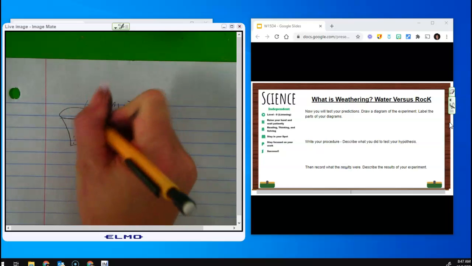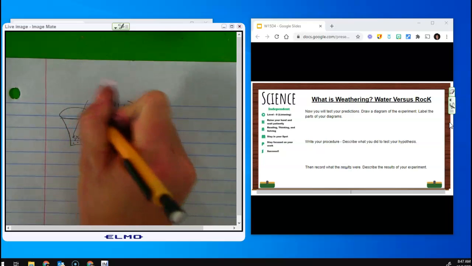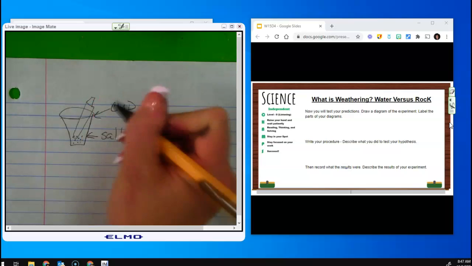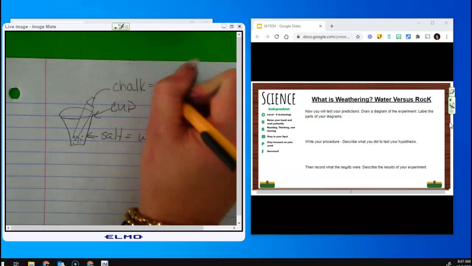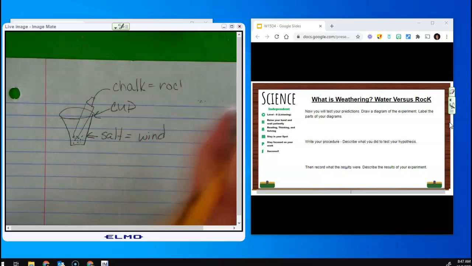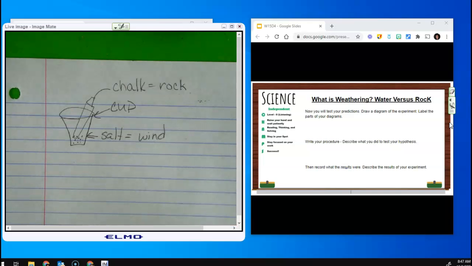I'm going to draw my chalk in here. I'm going to label that chalk equals rock. I'm going to give you 2 minutes to draw that. Set a timer for 2 minutes. Okay, 2 minutes and counting.